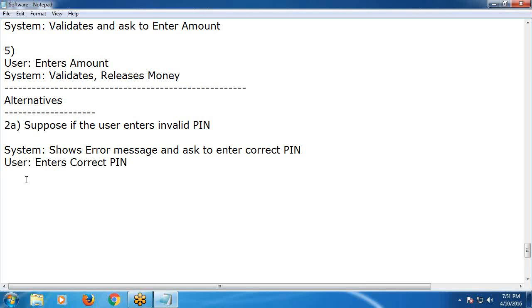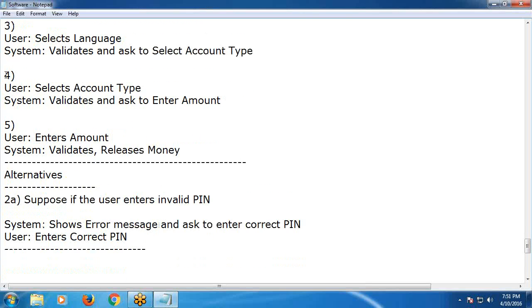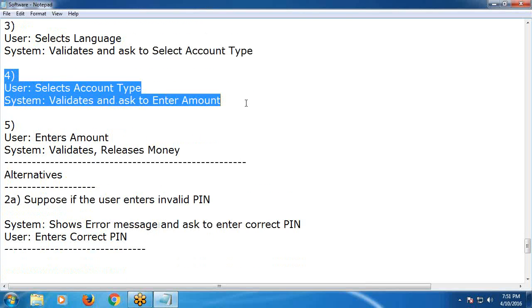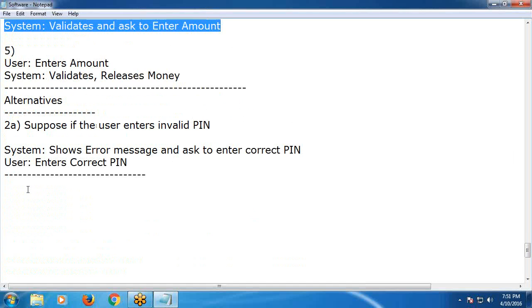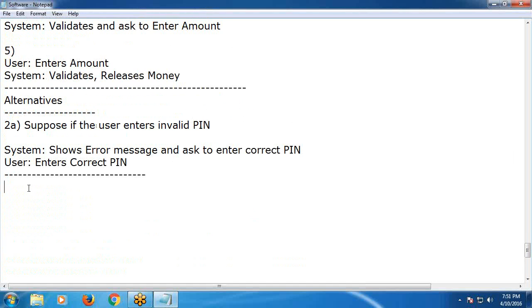Next, alternate flow, for example, in fourth transaction. Can you tell me alternate flow in fourth transaction? Suppose 4A. Suppose if the user selects incorrect account type. Suppose my account type is saving. If I select current account, that is invalid.